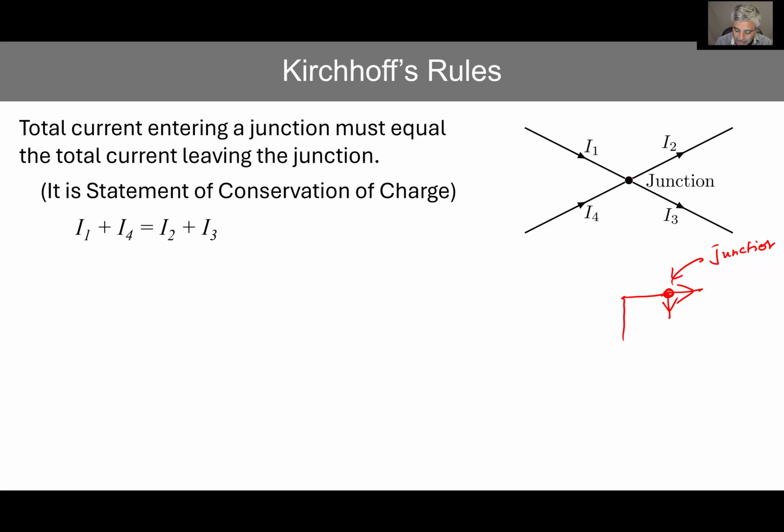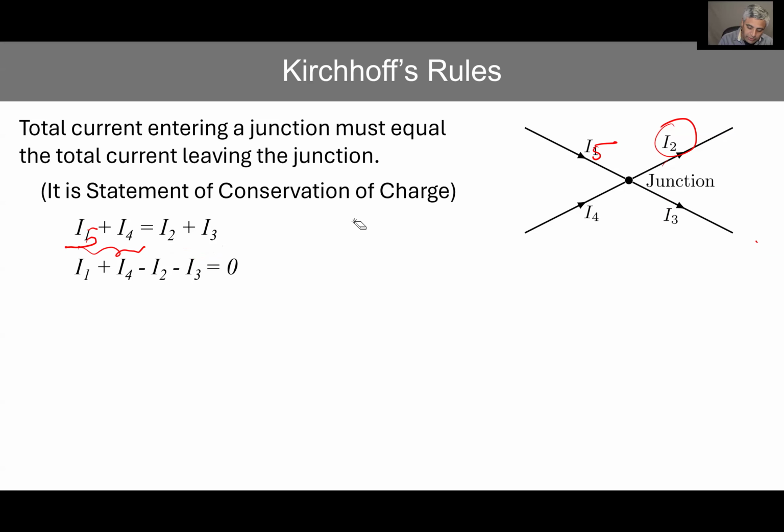They don't just vanish in the junction, okay? Whatever enters has to leave. So that means it's conservation of charge. So if this was, let's say, I5, then instead of I1, it would be I5 plus I4 equals I2 plus I3. Okay, simple.